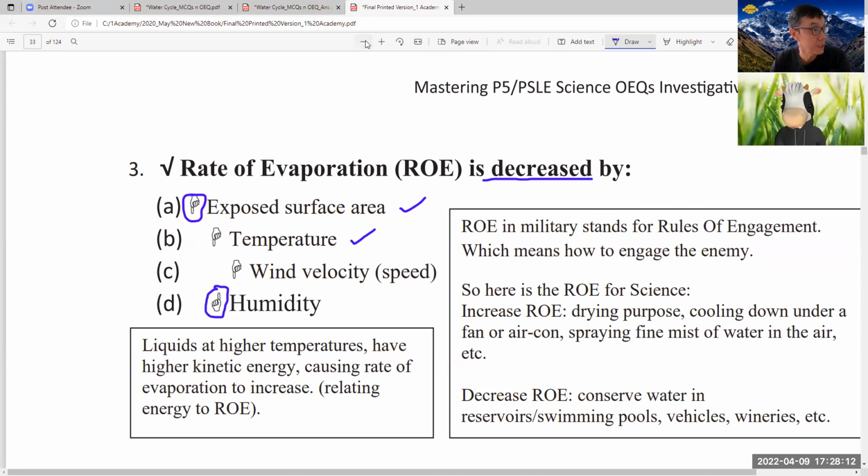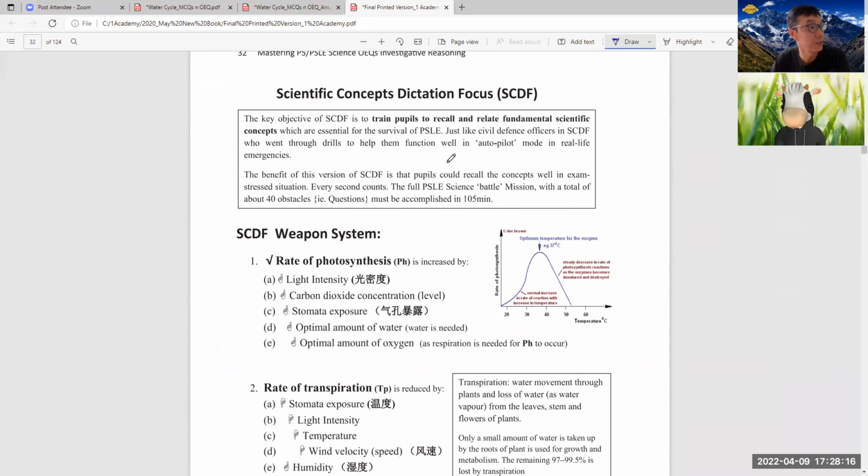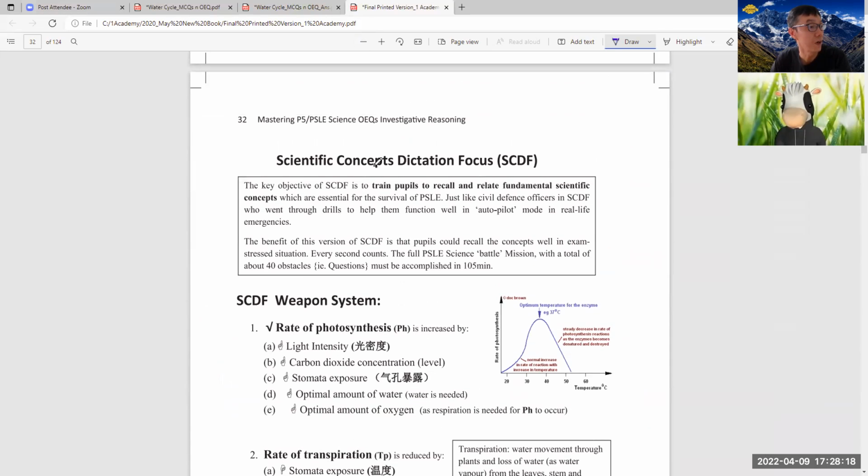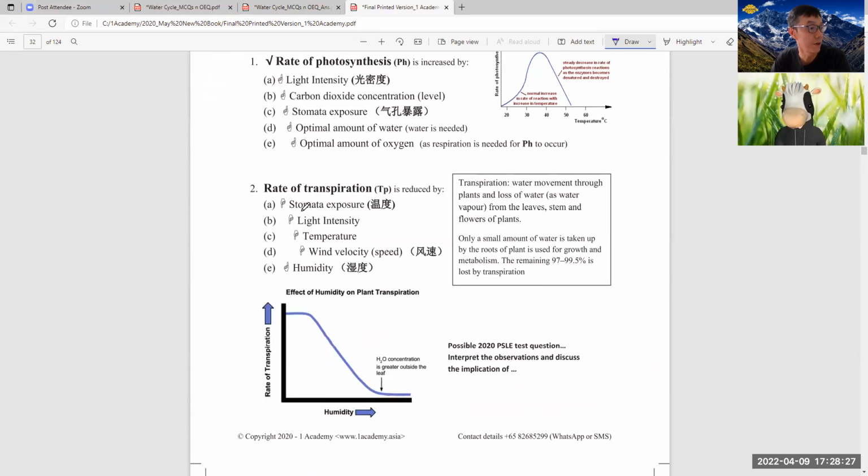So this book is actually quite useful. I have listed several of these scientific concept dictation focus, SCDF. For example, rate of photosynthesis. These are the factors affecting rate of transpiration. Transpiration is plants losing water, through either the stomata or other parts of the plant.